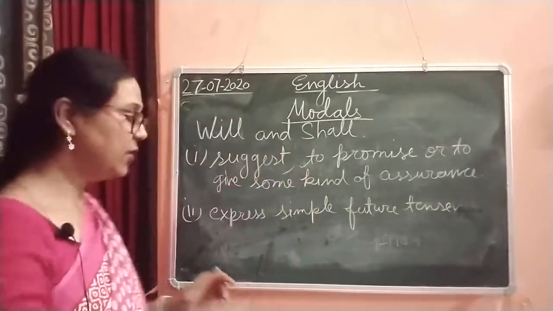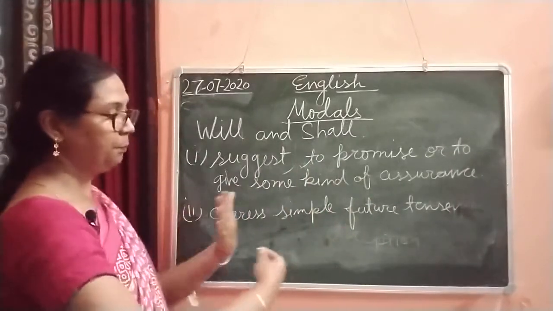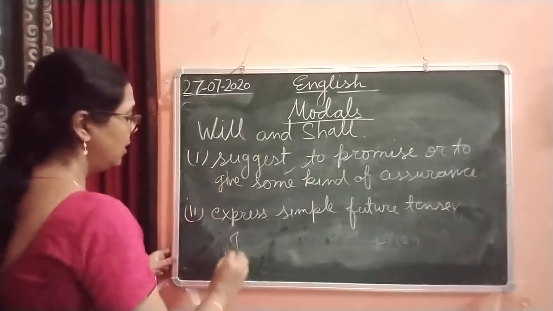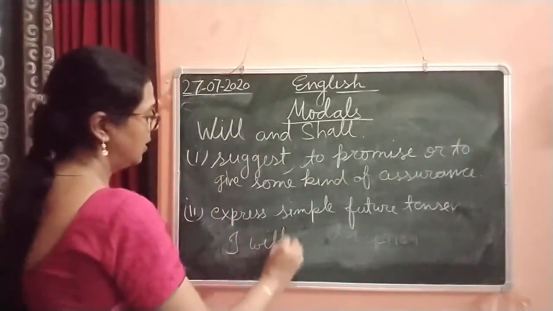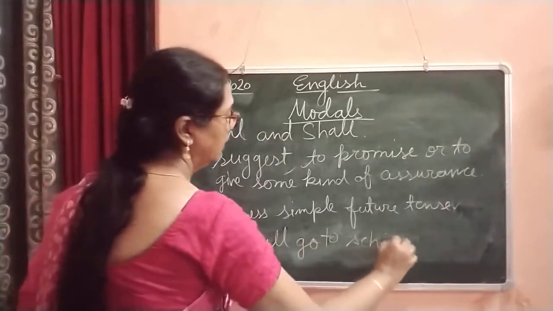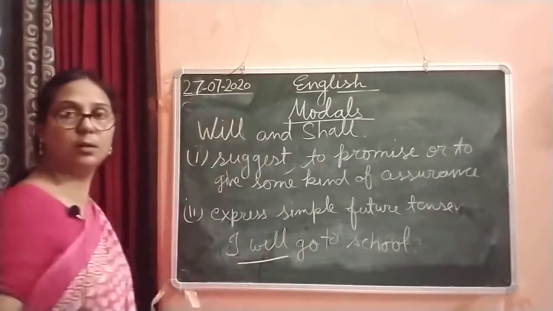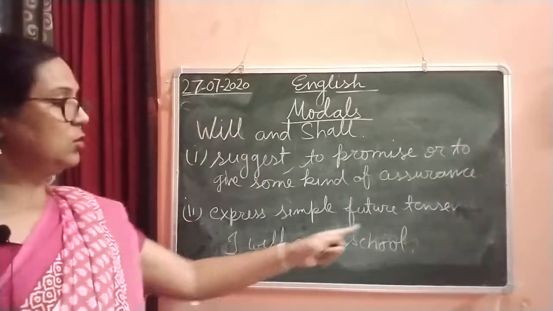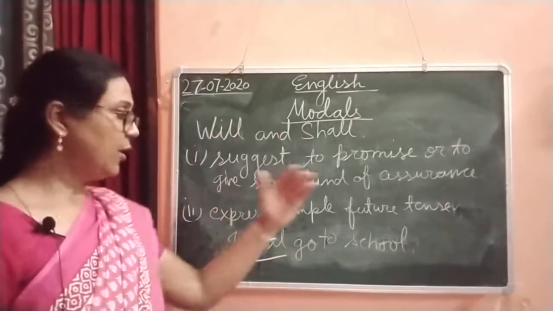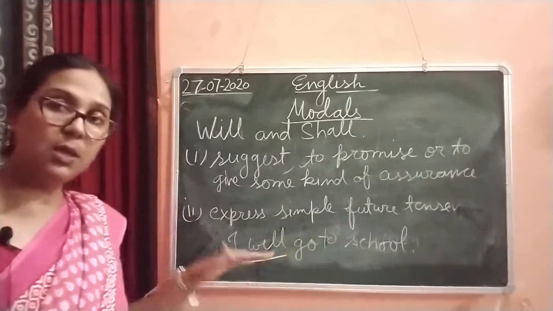If I am going to write something to show the simple future, I will go to school. Now here you can see, I will go to school. This shows that this action I will do in the future. So that shows the future tense.